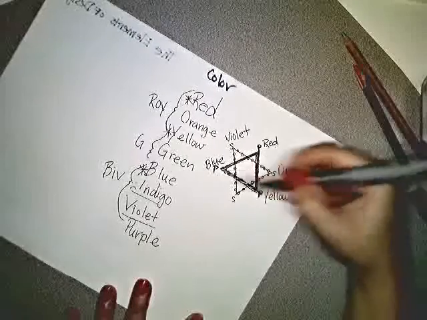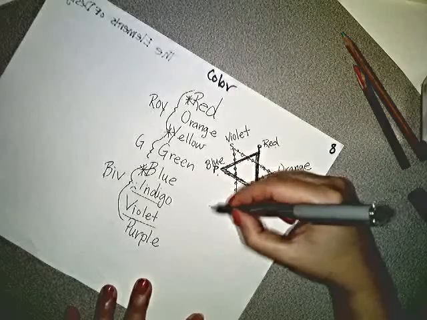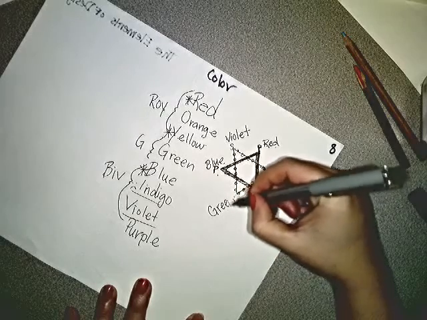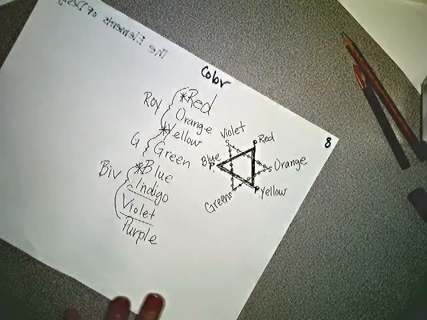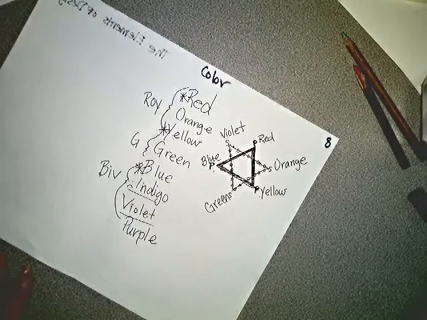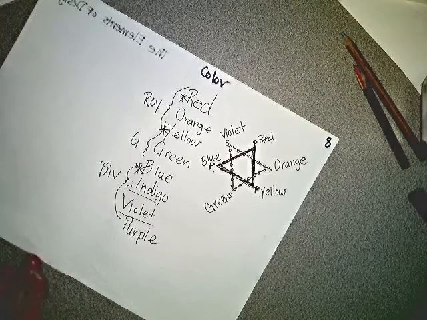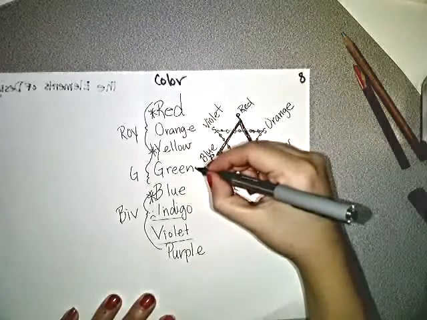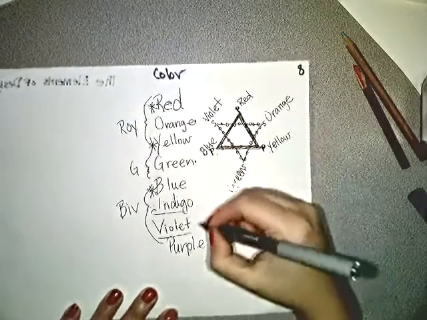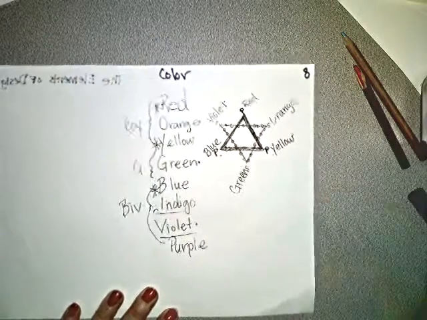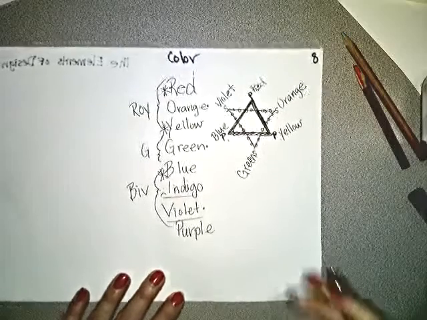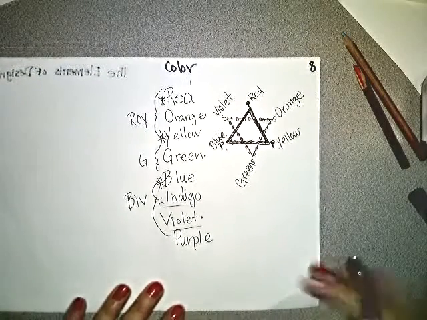And when you mix blue and yellow together, you get green. So green, orange, and violet, or purple, are my secondary colors.